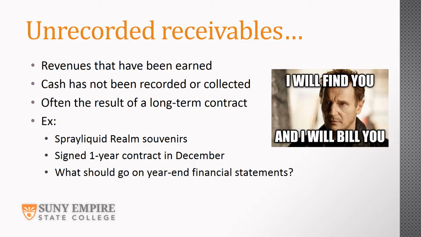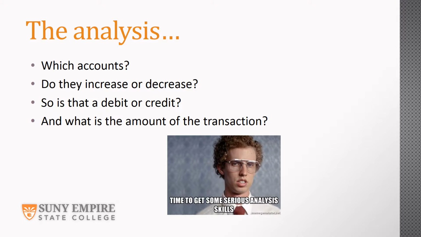The year-long contract for $6,000 was signed on December 1st. What adjusting entry is needed at the end of December, especially as the accountant prepares the year-end financial statements? Before we create the journal entry, let's do some analysis.